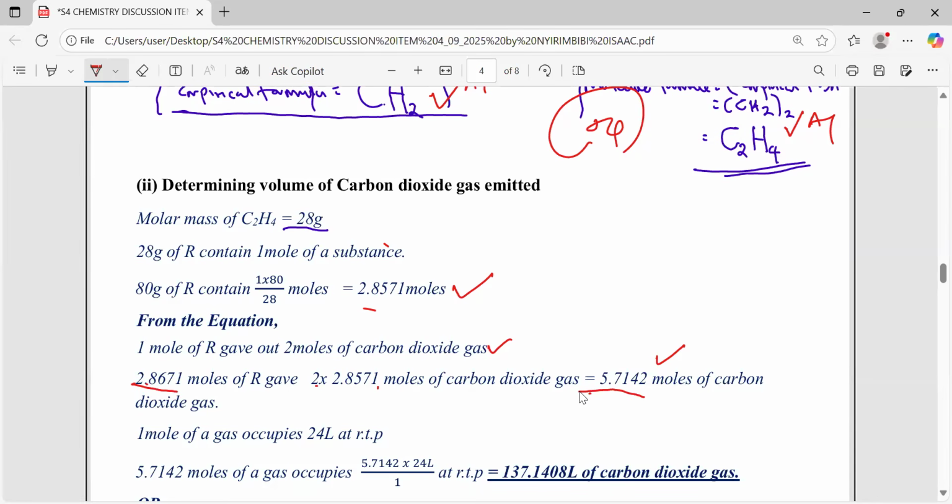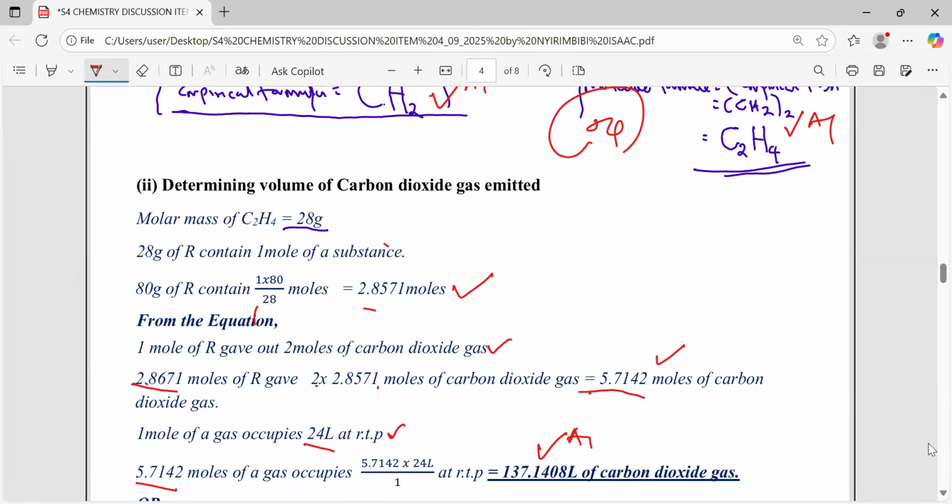Are we there? Yes. Then there's what we know from Avogadro, that 1 mole of a gas occupies 24 liters at RTP. What about these moles which you have gotten? It will be these moles times 24, and you can see that we get the same answer. Have you seen that?